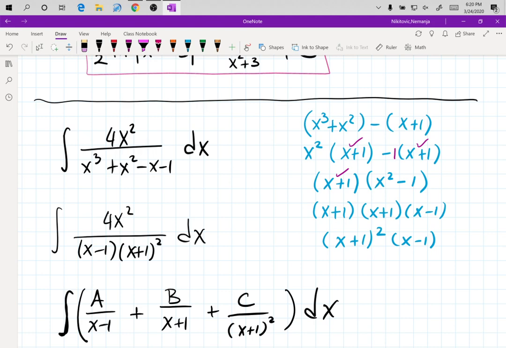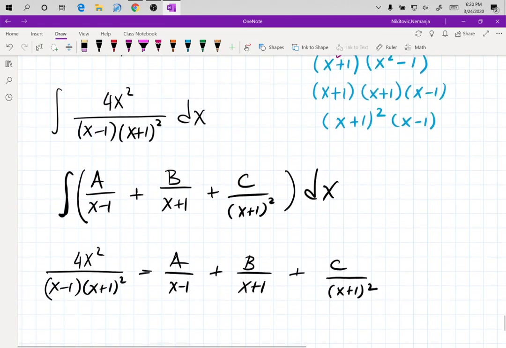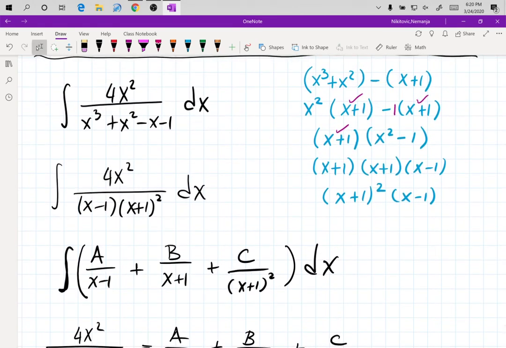And the second question is asking us if it would be wrong to leave this as x plus 1 and then have another x plus 1 and then have x minus 1, and avoid the repeated linear and just have 3 linears.